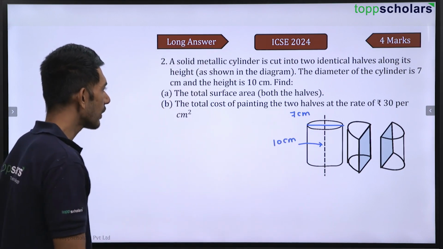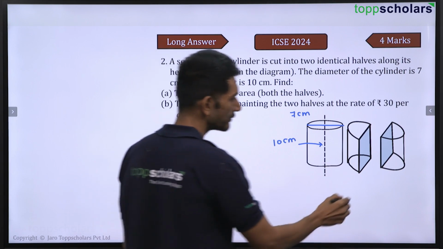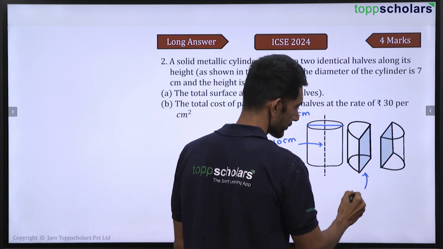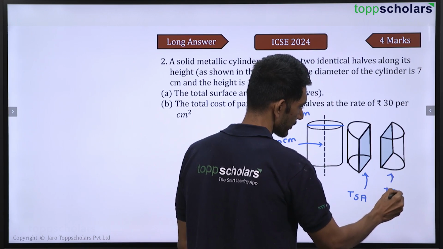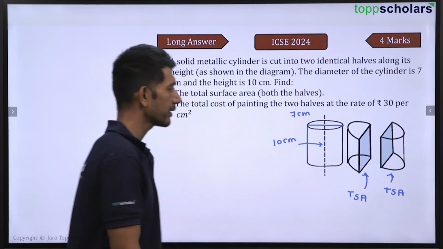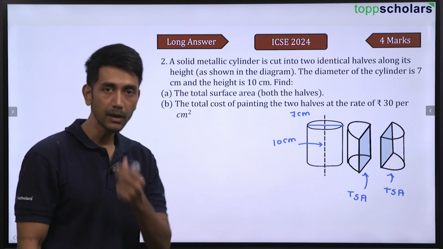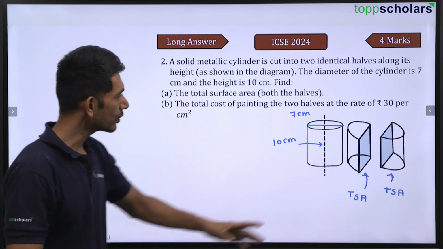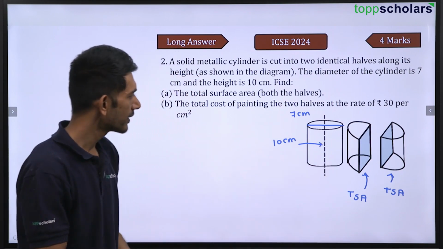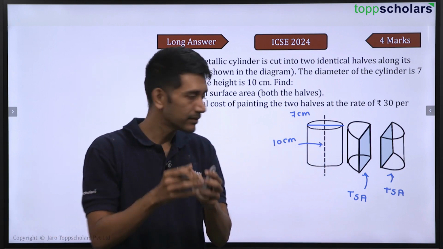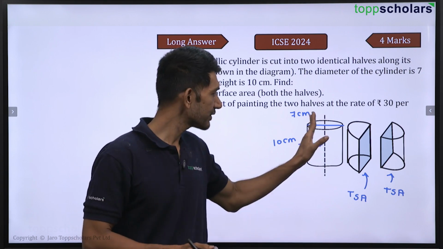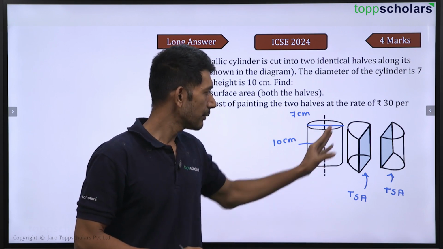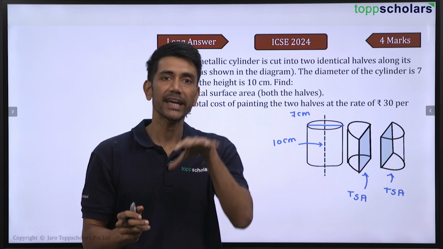We are supposed to find out the total surface area of both the halves. So total surface area of this and total surface area of this. Correct? It is cut in the middle. Now understand. To find out the total surface area of both of them, if I combine them together, obviously I need to find out the total surface area of the cylinder, because if I combine them, I'll get the cylinder again.